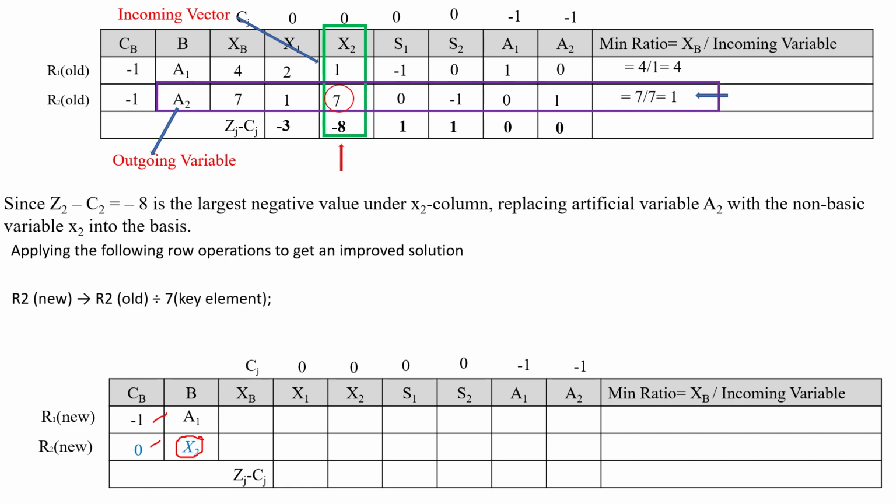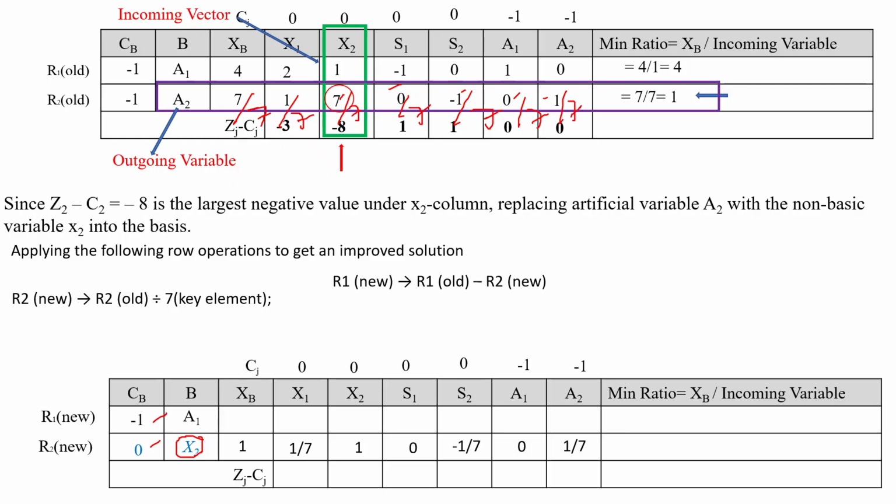R2 old elements are 7, 1, 7, 0, -1, 0, -1, and divided by 7 we get the R2 new elements. So 7 by 7 is 1, 1 by 7, 1 by 7, 7 by 7 is 1, 0 by 7 is 0, -1 by 7, -1 by 7, 0 by 7 is 0, and 1 by 7.